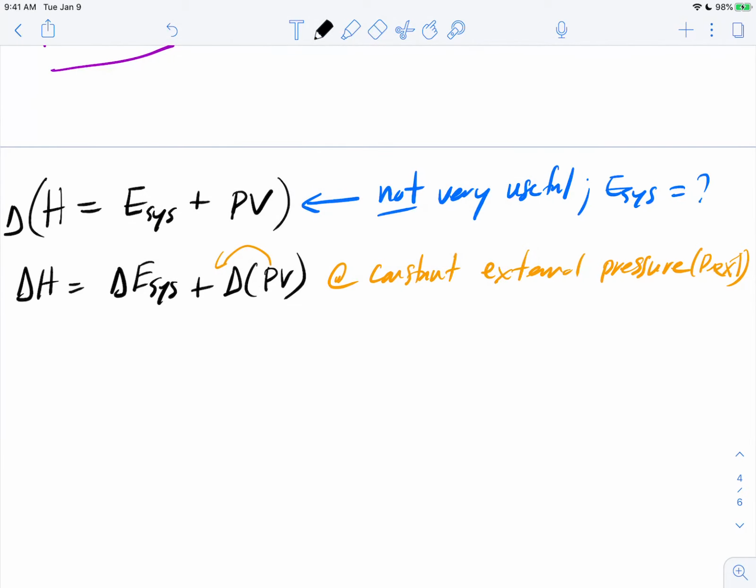We have P external, it's constant, so there's no change, delta V. And that gives delta H is equal to delta E system plus P external delta V. Okay, and so this is the first equation you want to look at.